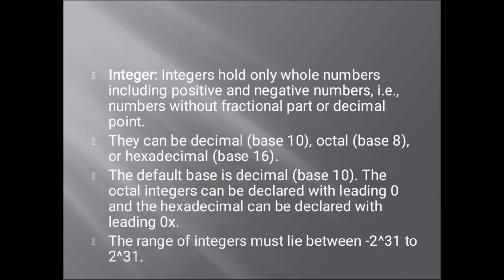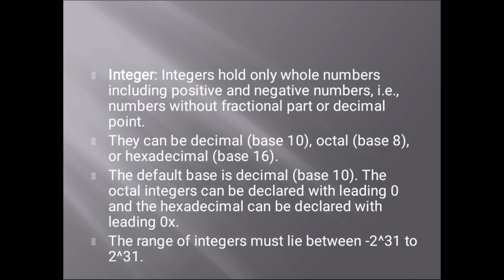What is meant by integer? Integer holds only whole numbers, including positive and negative numbers, numbers without a fractional part or decimal point. They can be decimal, octal or hexadecimal. Decimal means base 10, octal means base 8, hexadecimal means base 16.